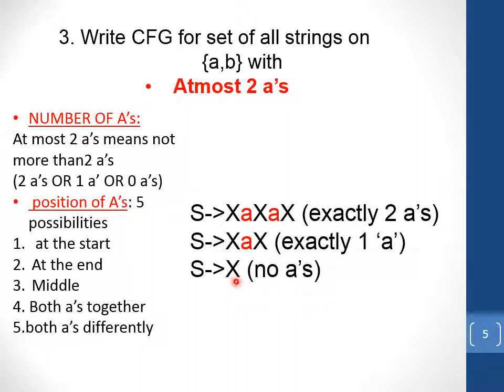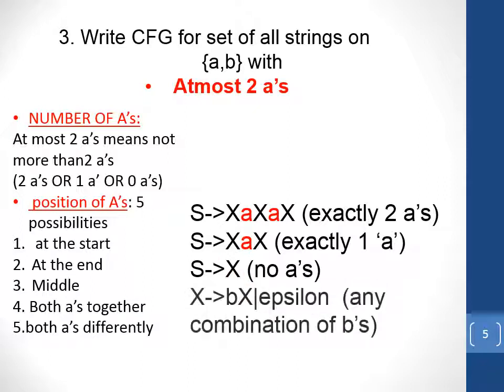The X will be any combinations of B's as we have discussed in the previous discussion. So Bx and epsilon stands for any combinations of B's. So all these restrictions are satisfied by this grammar, and hence we say that this grammar is correct.